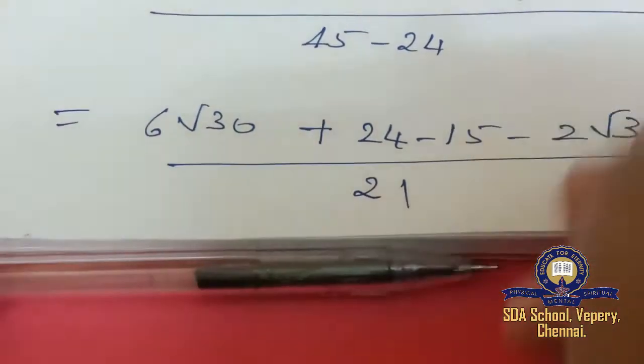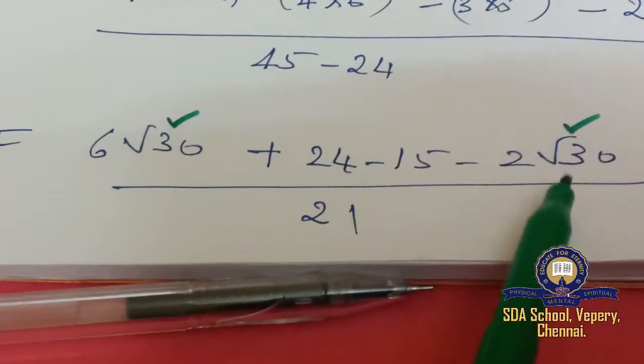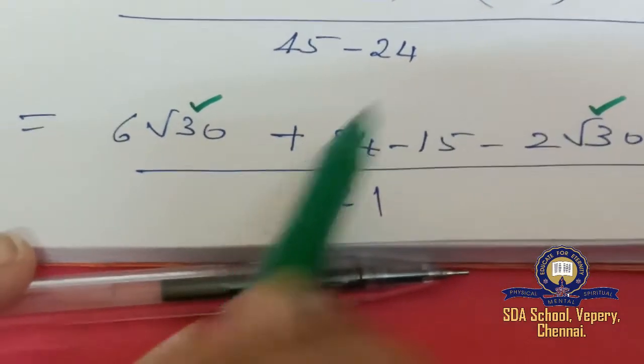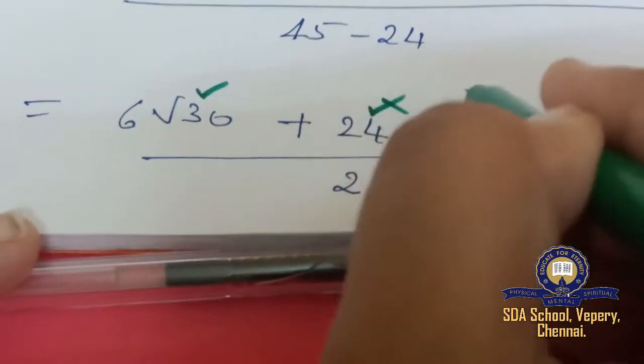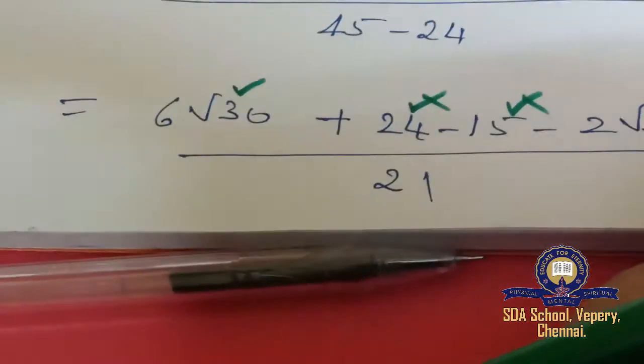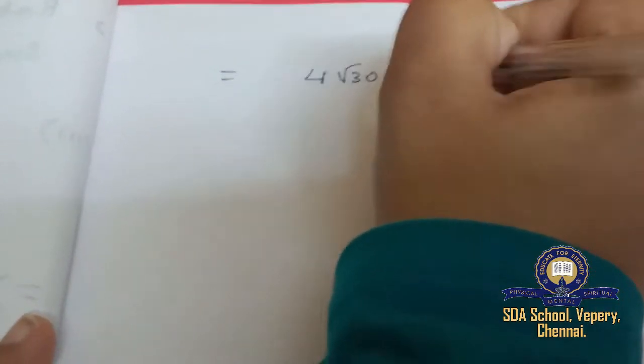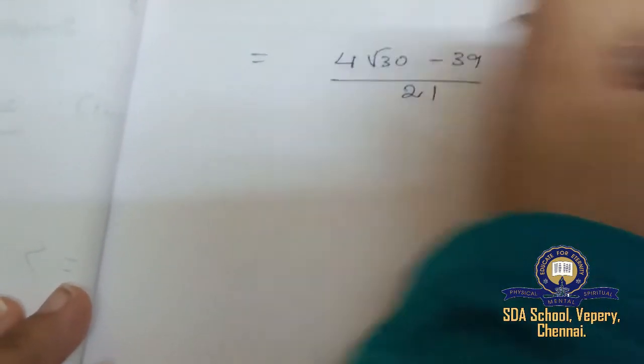Now what we will do is, we will take the like terms. 6√30 and minus 2√30 will club up together. Then 24 and minus 15 will club up together. Okay, students. Then I'll get (4√30 + 9) divided by 21.